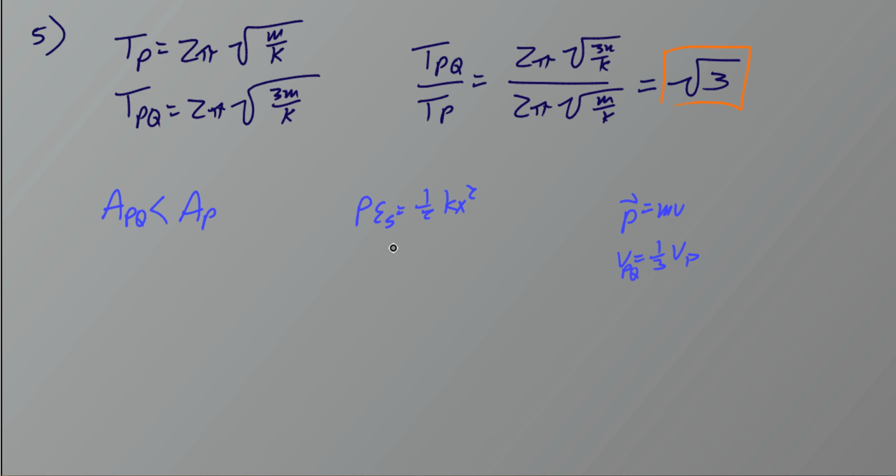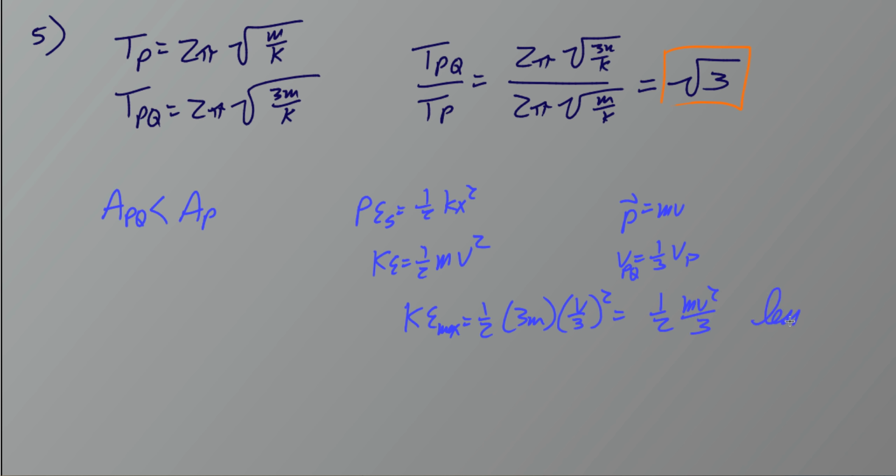Now, our initial kinetic energy was 1/2 m, and we have v squared. That's our initial velocity. Now, our new kinetic energy, max, is going to be 1/2 times 3m, but our velocity is 1/3 the initial. So that's going to be v over 3 squared, which is going to be 1/2 mv squared over 3.